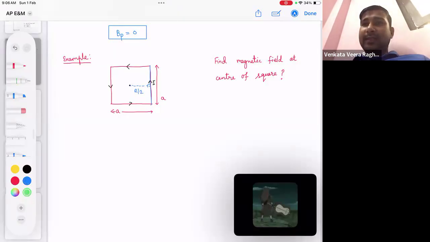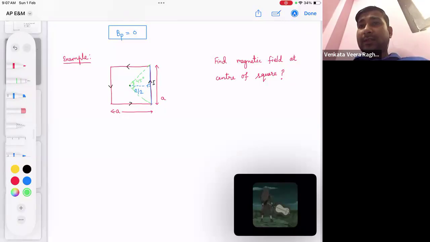The next thing I need is how much angle the ends of the wire make with this point.